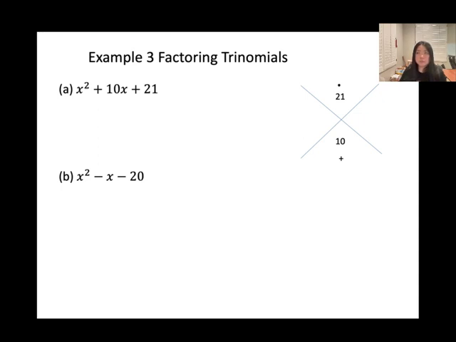So you could think about 3 times 7, right? When you multiply, 3 times 7 equals 21. 3 plus 7 is going to be equal to 10. Okay, so your factors will be x plus 3 times x plus 7. This is called the x method. I want you to try it for part B here.